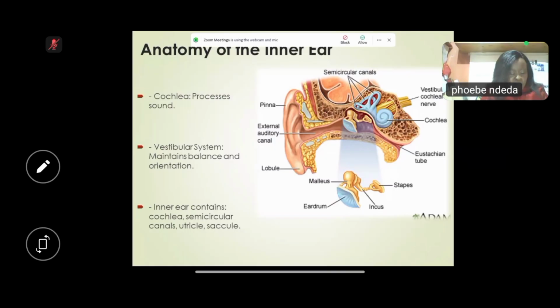Now, those three bones, as you can see, we have the malleus, the incus, and the stapes, or the staples. These three tiny bones work together as a biological lever system. Their purpose is to transmit sound vibration from the eardrum to the fluid-filled inner ear while amplifying the sound's pressure so that it can be properly processed by the brain.